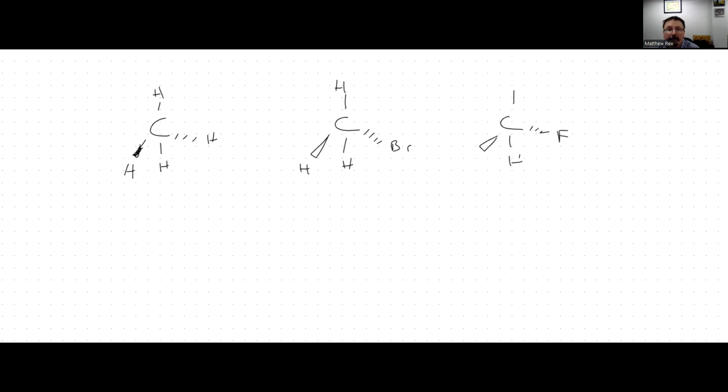So very little electronegativity difference between carbon and hydrogen, and all the atoms around carbon are hydrogen. So this should have the smallest, or probably I would say no dipole moment.